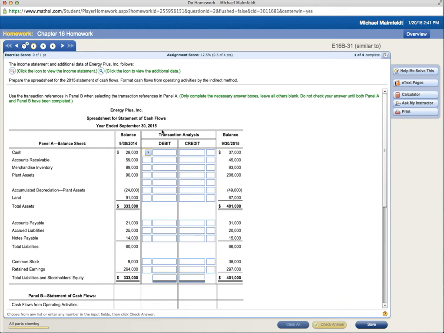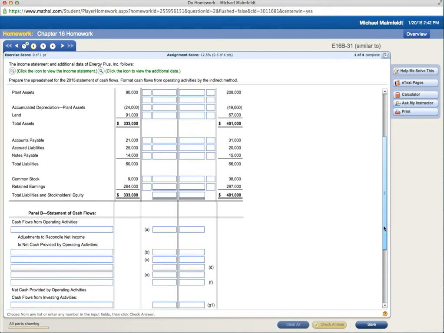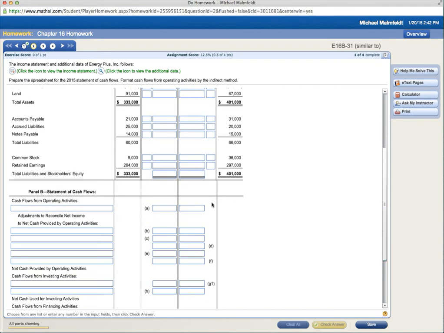So panel A is right here. So we've got various options for debit versus credit, and then balance over here. And then we can look down here and see our statement of cash flows and these various letters by areas where we will enter numbers.